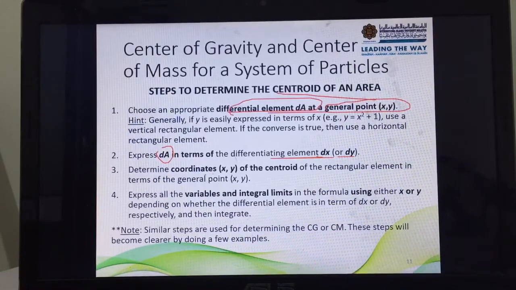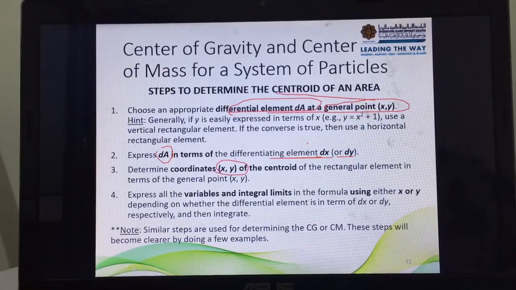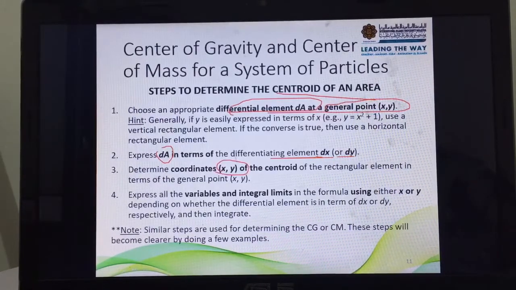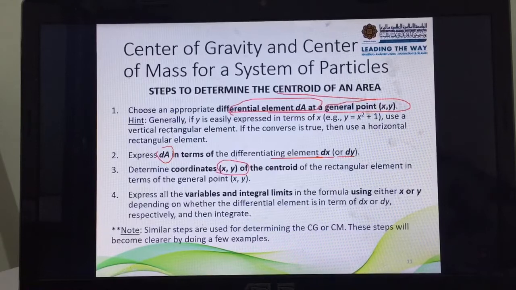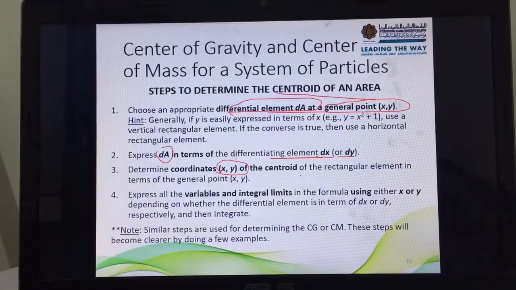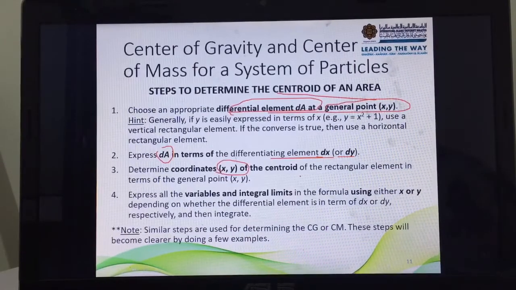Then you have to determine the coordinates of the centroid x tilde, y tilde of the rectangular element. The rectangular element is this differential element. And then you express all this in the formula, and then you integrate to find the x bar, y bar, or even z bar, right?